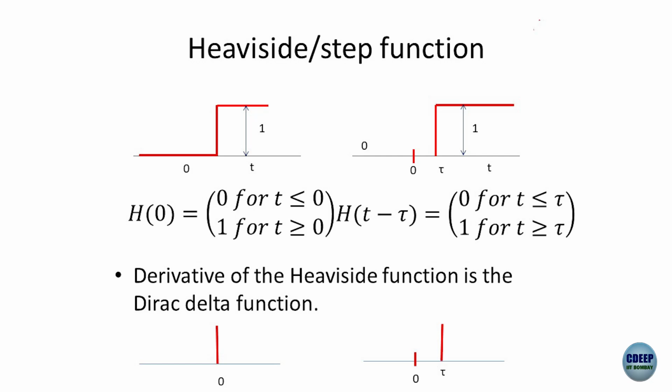I take the function at a particular point downstream, let us say t plus epsilon, minus h at, let us say, t minus epsilon, and then I divide it by 2 epsilon and take the limit as epsilon tends to 0. So that's how I would get the derivative in general of a function.